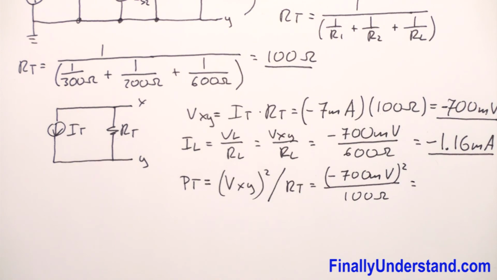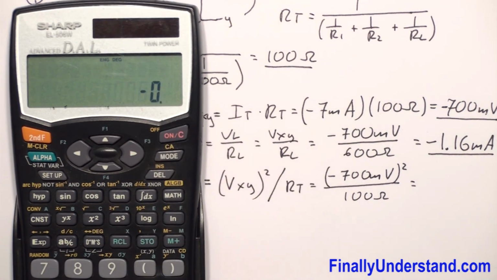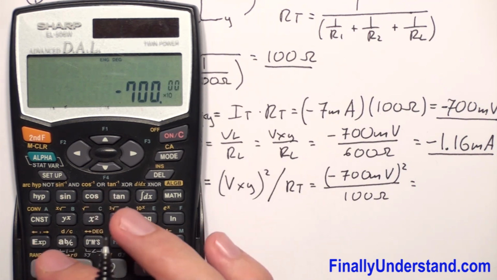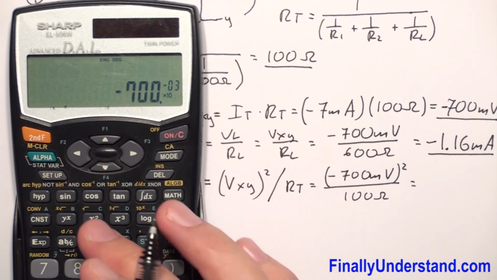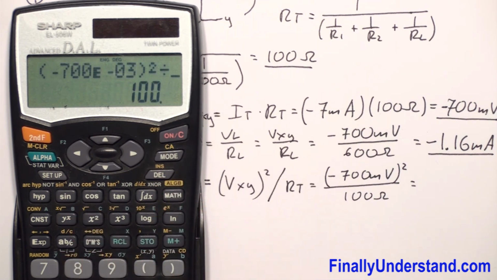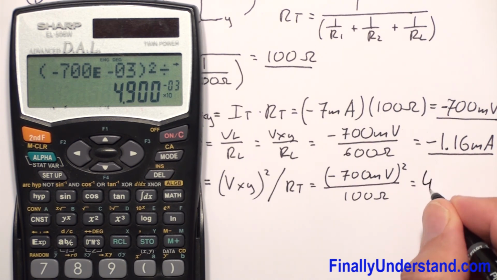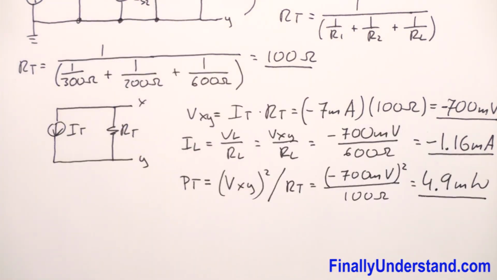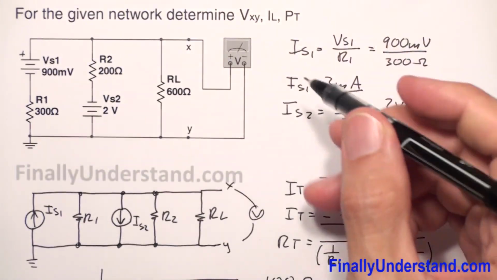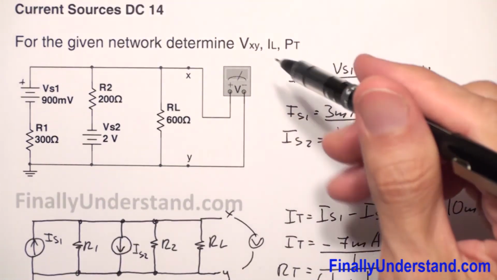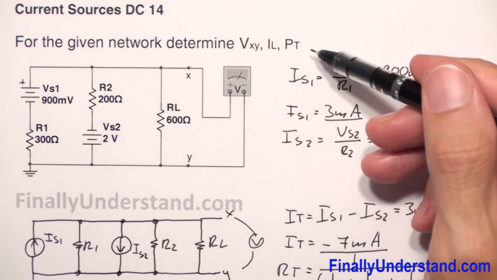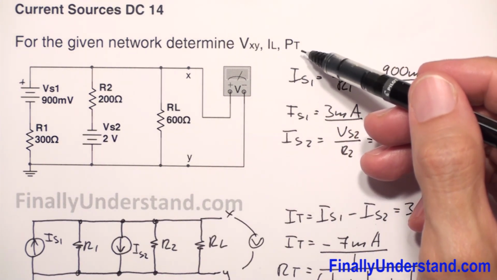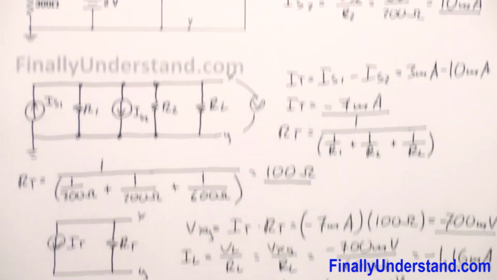So this is equal negative 700 times 10 to the negative 3 to the second power divided by 100. This is equal 4.9 milliwatts. Okay, so we found VXY, we found IL, we found P total. Okay, so we can say that the problem is solved.